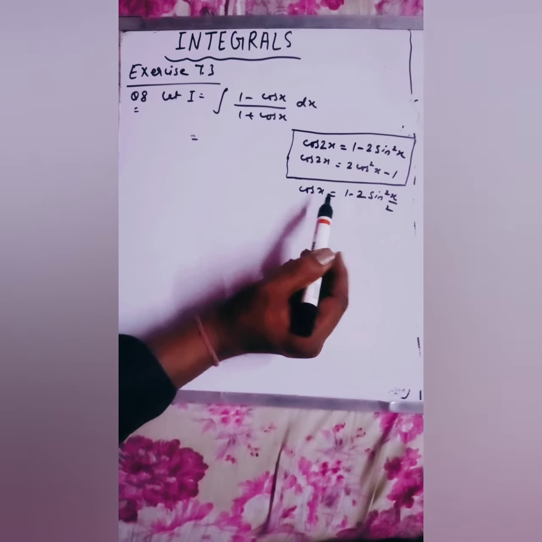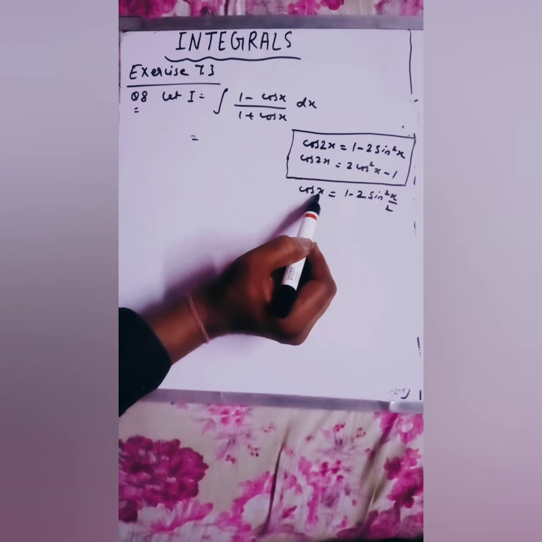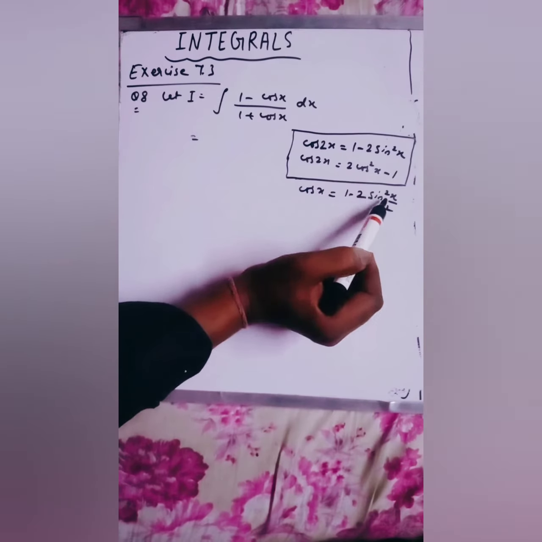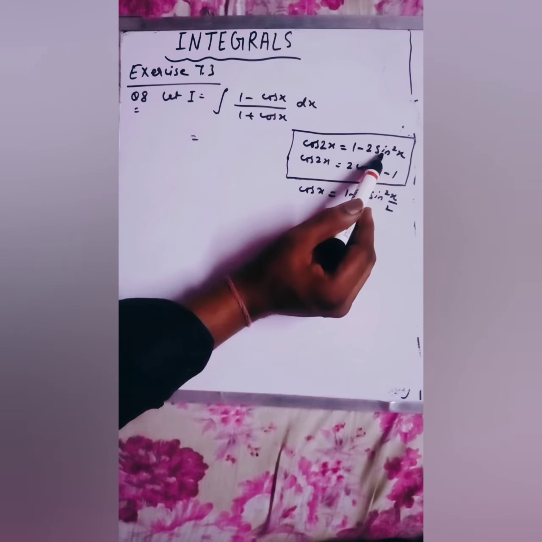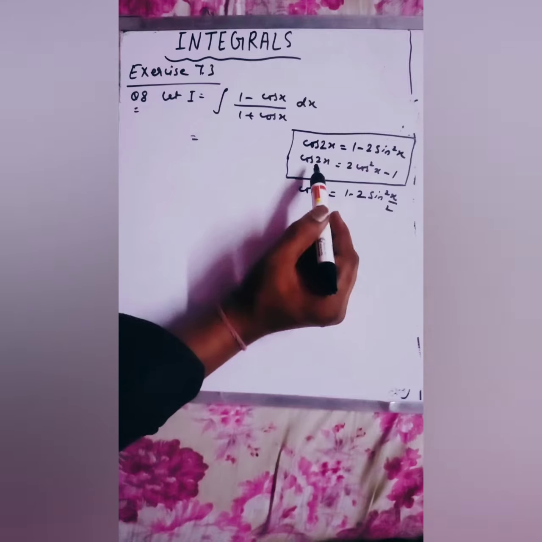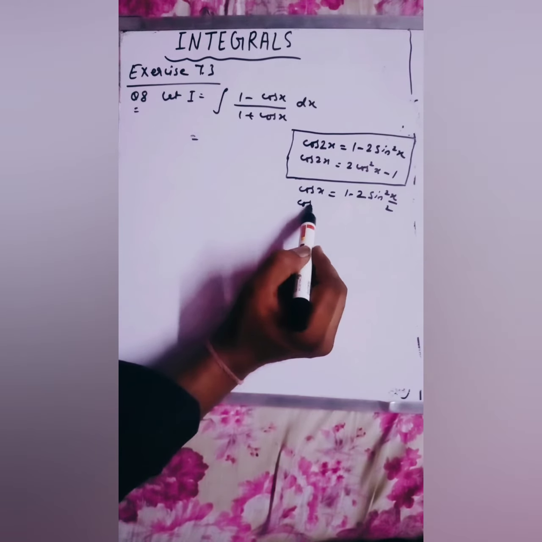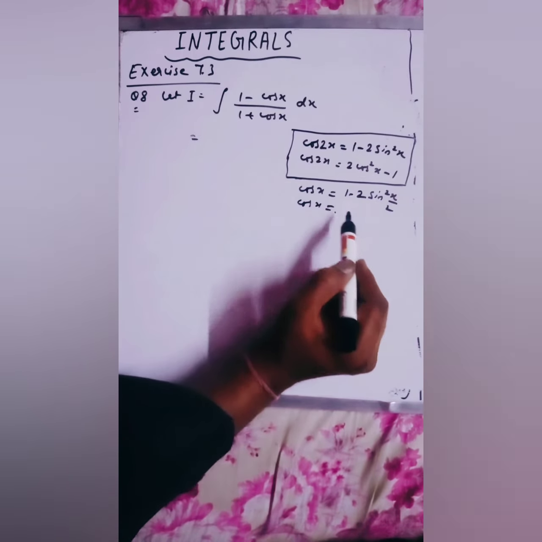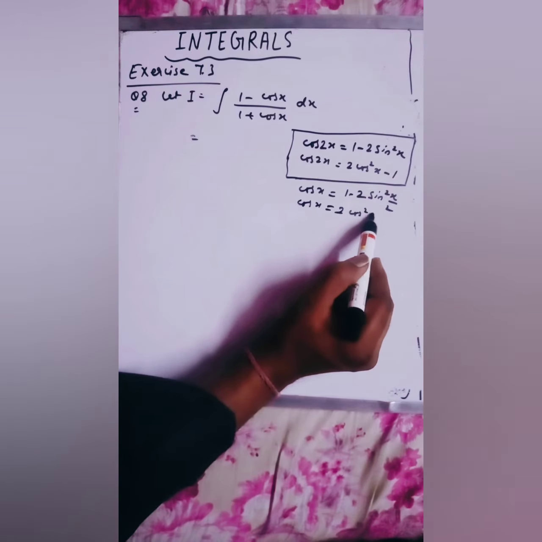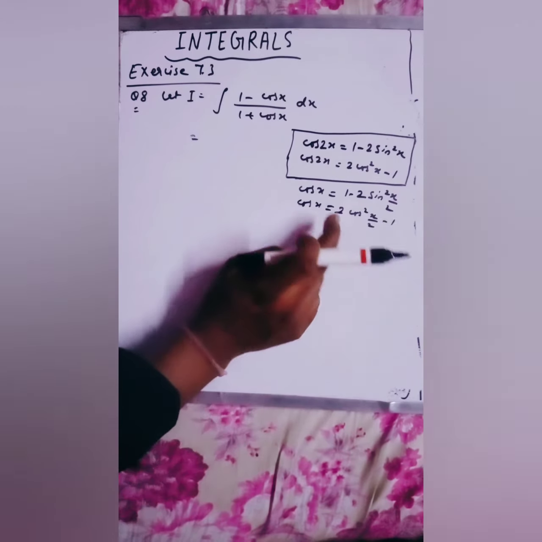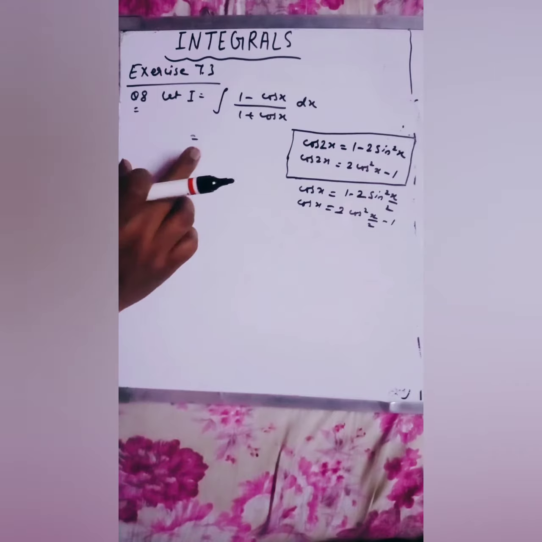You have to halve the angle in each term. Similarly, this formula would be 2 cos square x by 2 minus 1. So these two formulas you have to apply here.